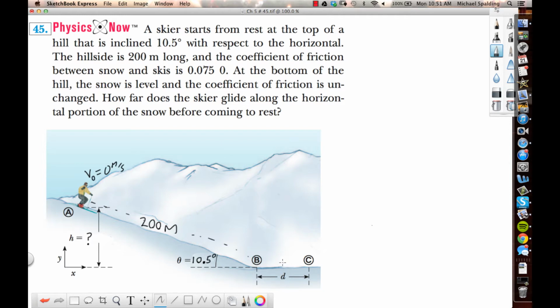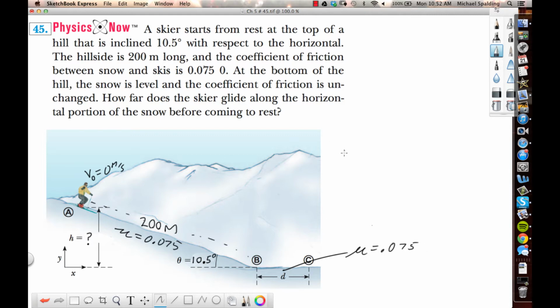The coefficient of friction for both parts, for the hill and for the flat part, is the same. So the coefficient of friction, mu, is 0.075 on the hill, and the coefficient is 0.075 on the flat part. Does that mean that friction is the same on both parts?